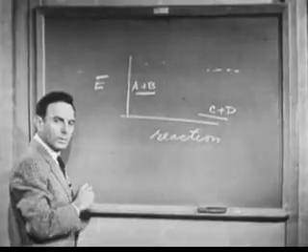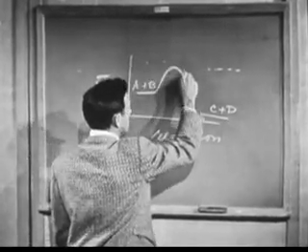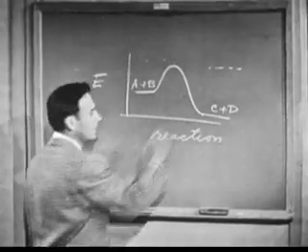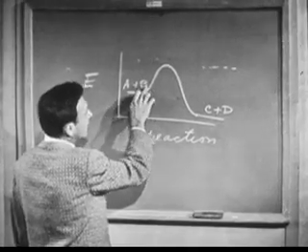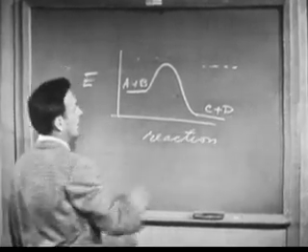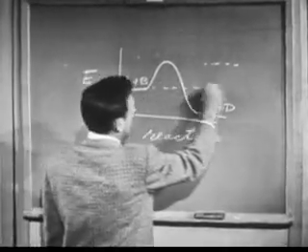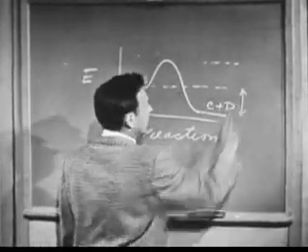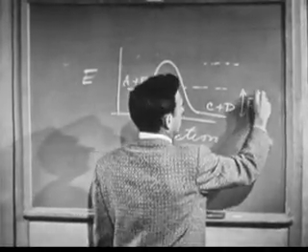We added now, in order to discuss reaction kinetics, the possibility that there is some sort of an energy barrier between these two, so that it's not only necessary for A and B to get together to form products C and D, but also they have to go over an energy hill. Now you see that the energy difference here tells us that the overall reaction is exothermic.